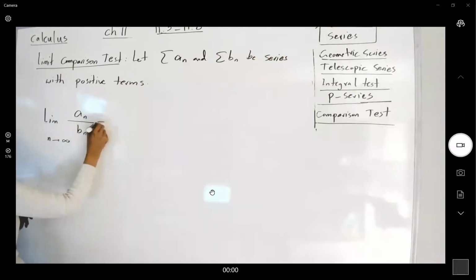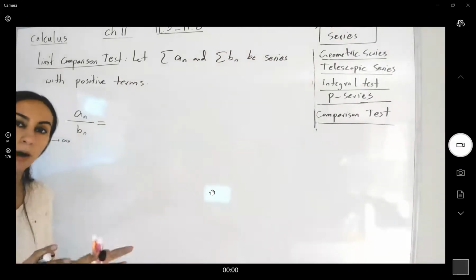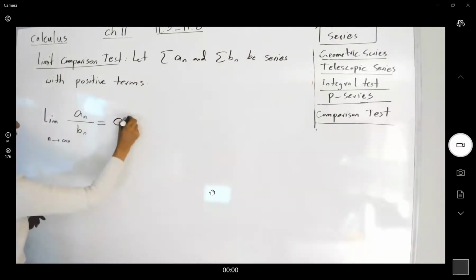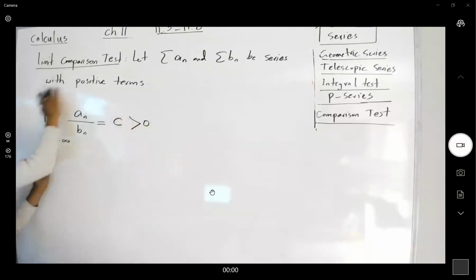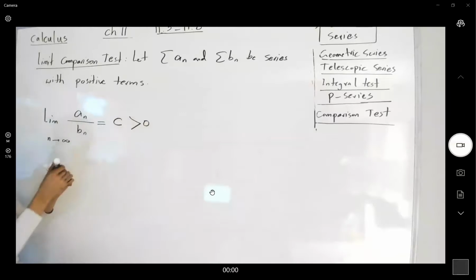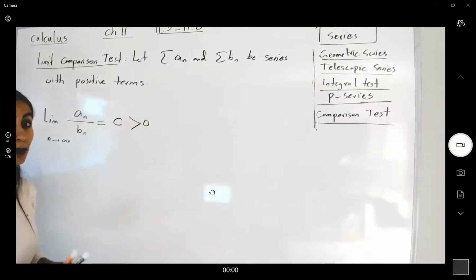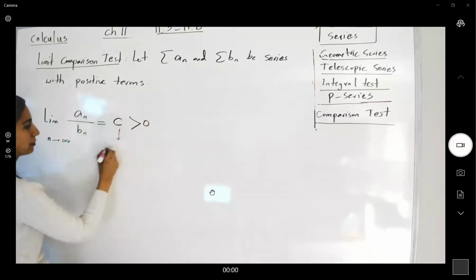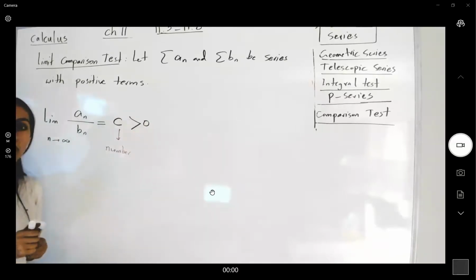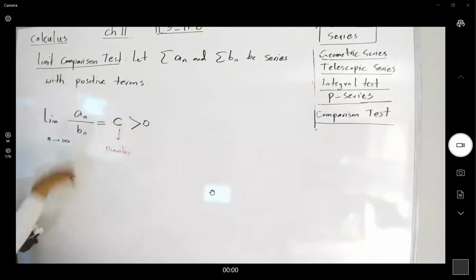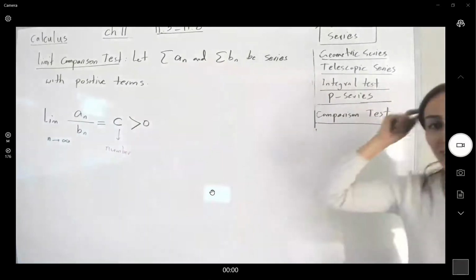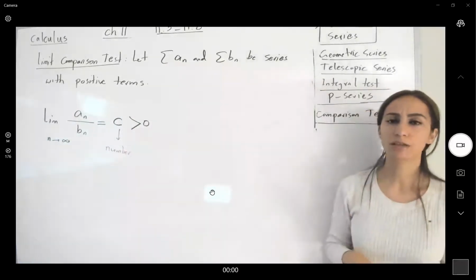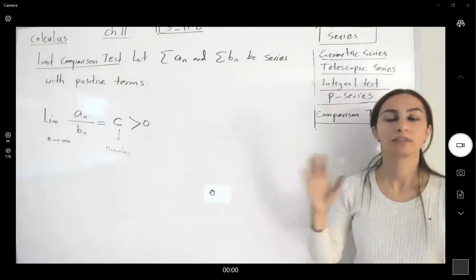If this is equal to a number c, and this number is positive, I'm not talking about infinity, a number, and that number is larger than 0, then their series are both convergent or they are both divergent.